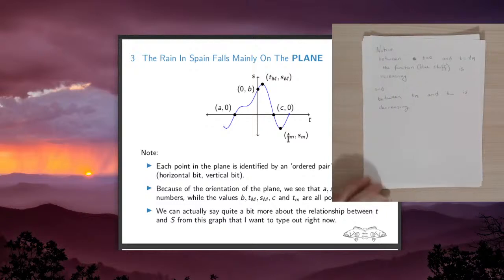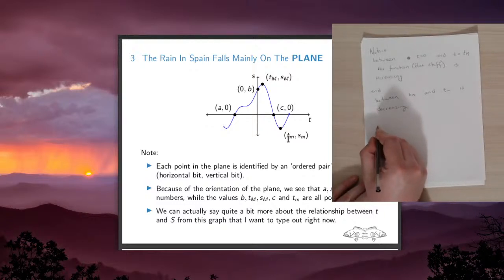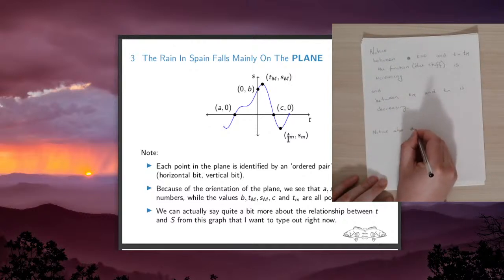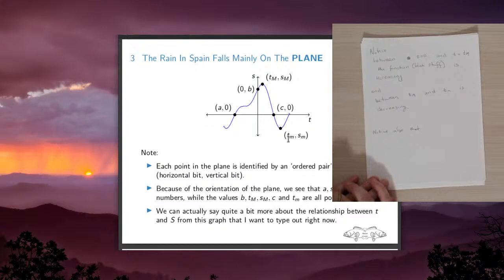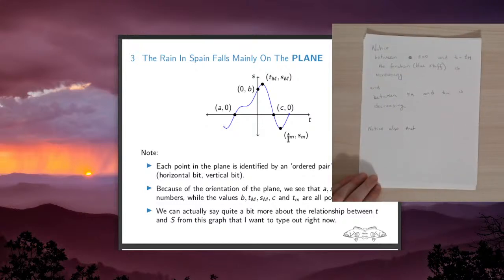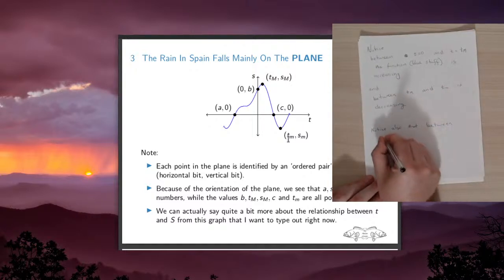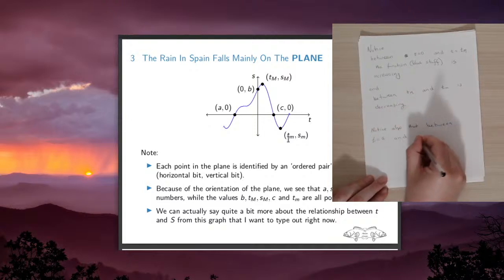We could also say something else. Notice also, let's see, what's a good one? Oh, let's just look at what's happening between A and C. So what's happening between t equals A and t equals c?